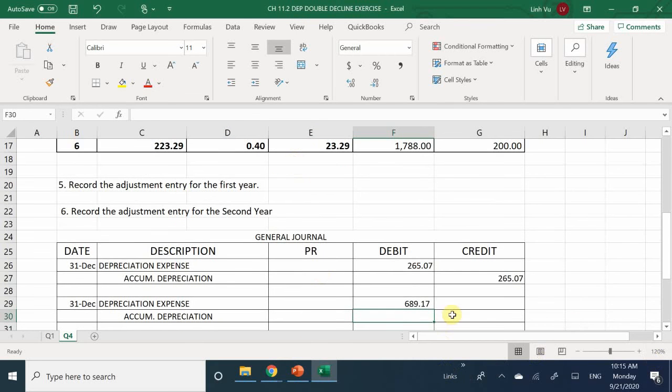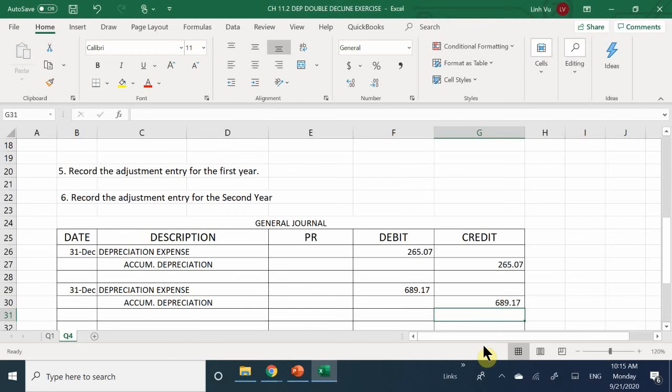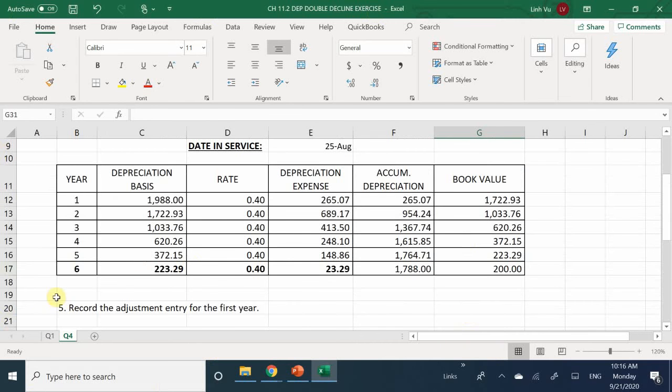And therefore, you need to have your equal and opposite credit of 689.17. Okay? So in this case, we just went ahead and practiced this section right here. So again, the answers will have the actual formula, how to solve for that formula, and so on and so forth.